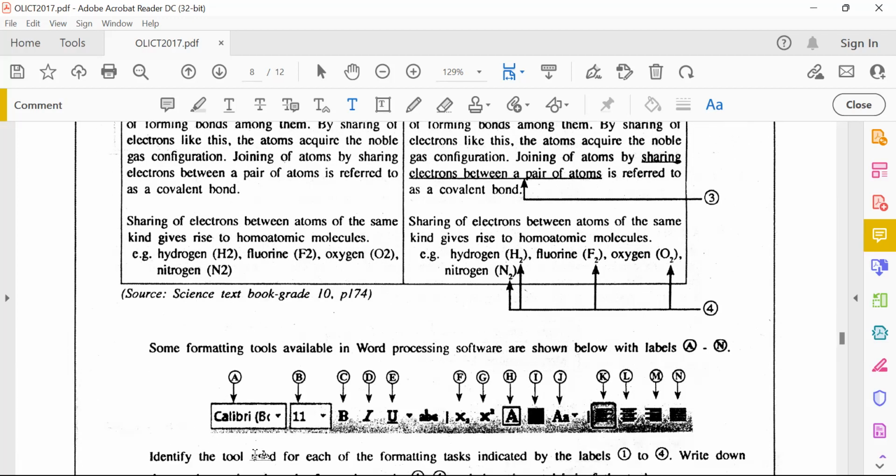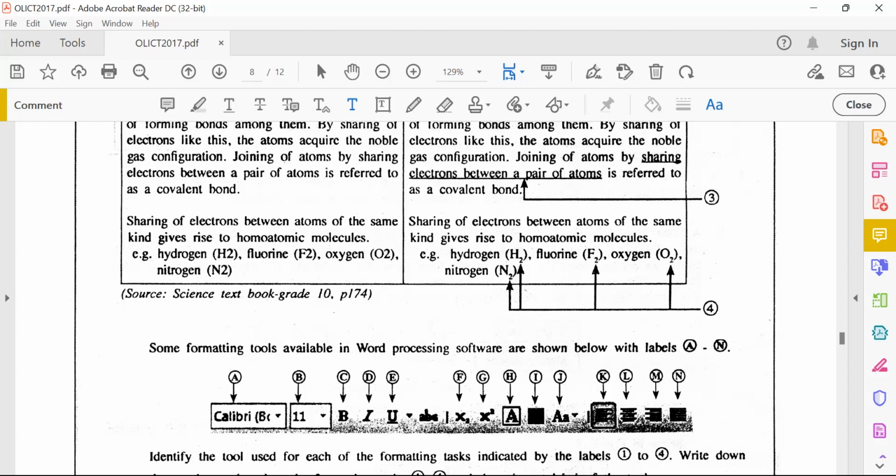Can you identify what A to N is? We have font name, font size, bold, italic, underline, then subscript and superscript, and then we have what? We have A, meaning I don't know, is it word art?